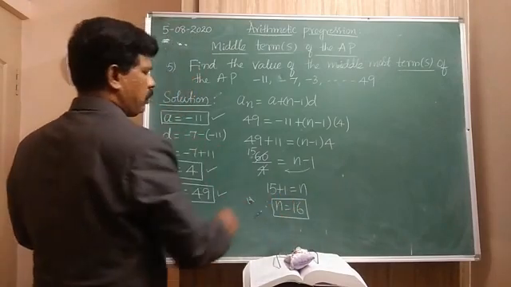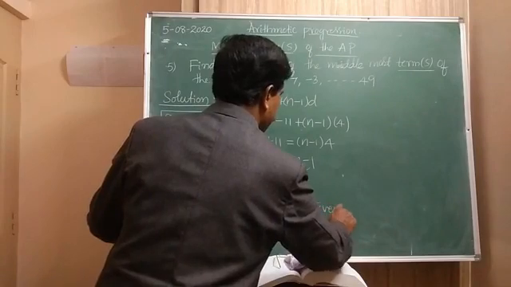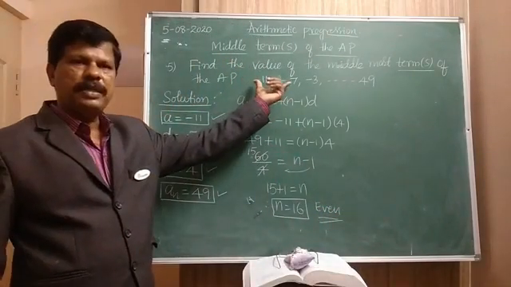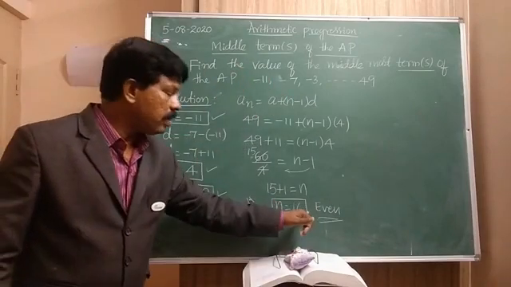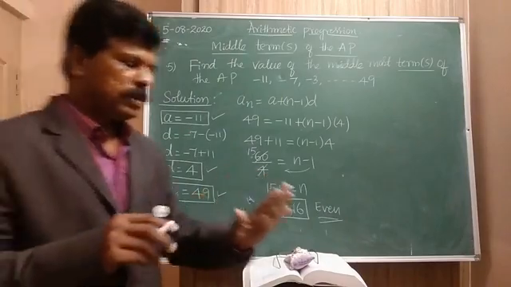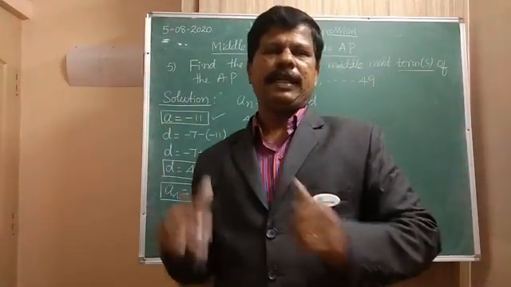See, here this is very, very important. This is even. So this AP consists of an even number of terms, that means 16 terms. So 16 terms, when you divide that, it becomes 8 and 8.